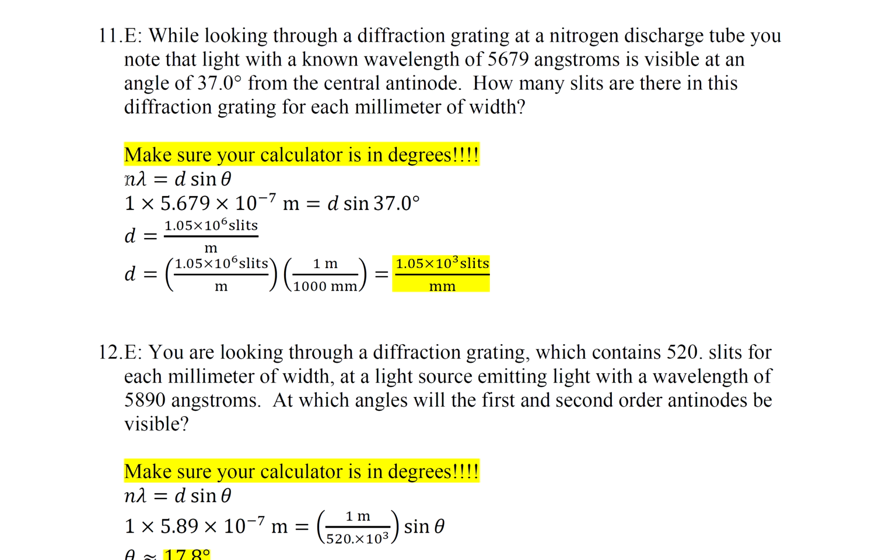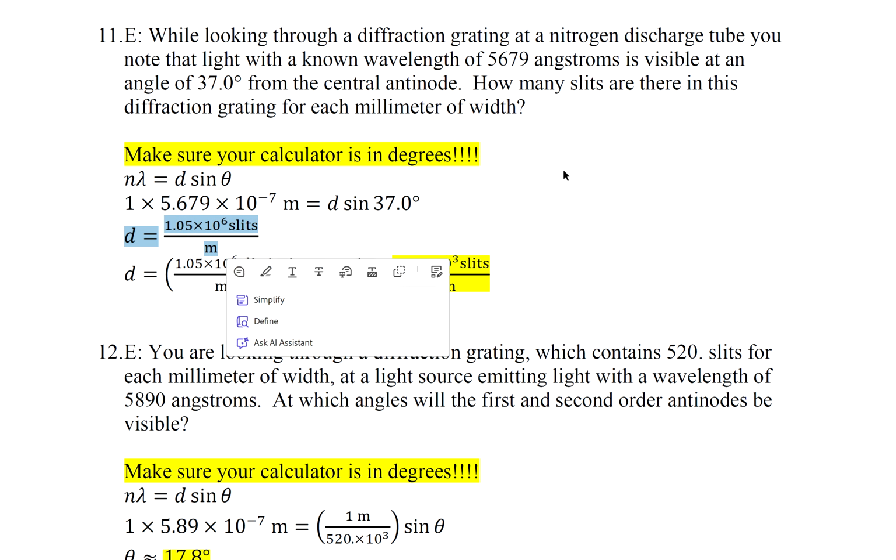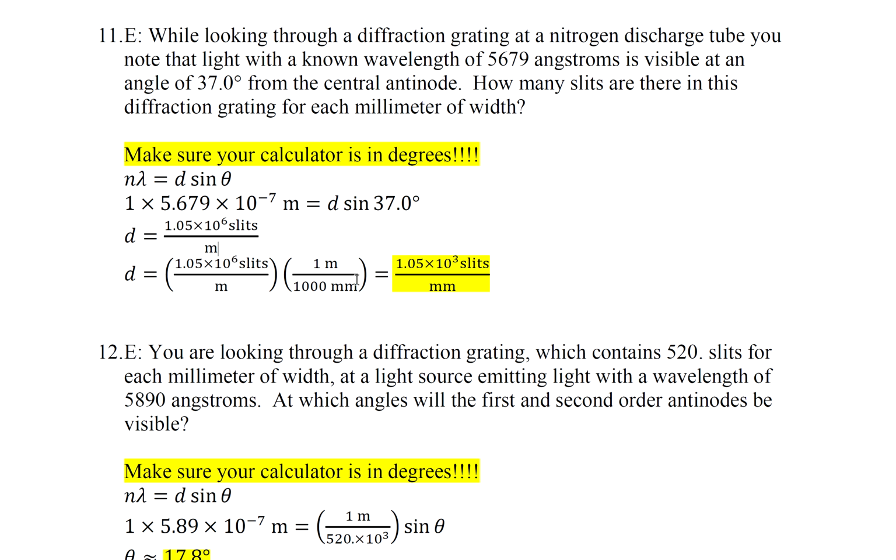So we know that n equals 1. We know theta equals 37 degrees. They gave us lambda, so let's solve for d. And they want not slits per meter, they want slits per millimeter. So we have to do a unit conversion.